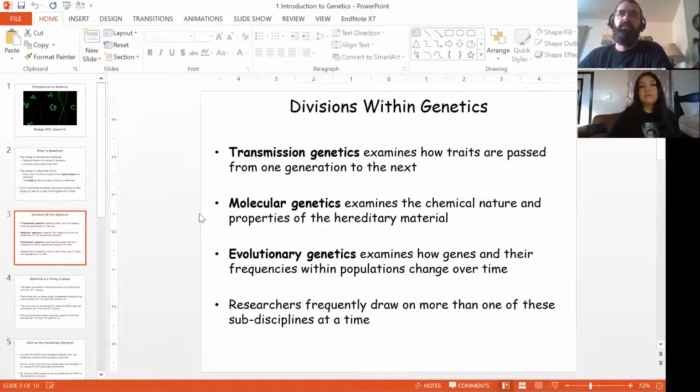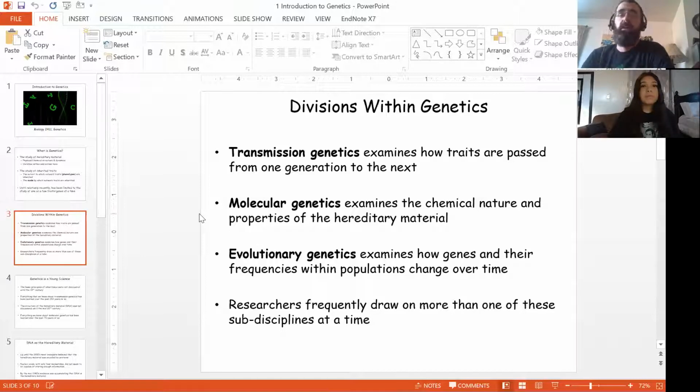I did earlier on in my career look at evolutionary genetics, right? So there are lots of different ways in which you can ask the same kind of question. And to be honest, these are really just lines in the sand, right? They are somewhat artificial distinctions. They just make it a little bit easier to talk about particular aspects of genetics.